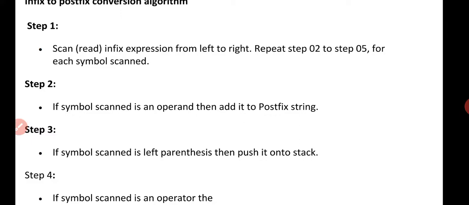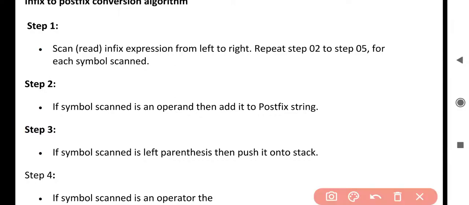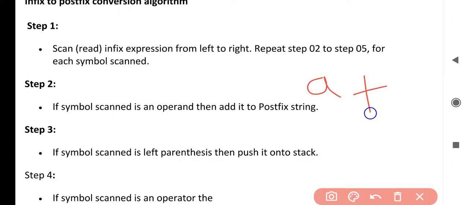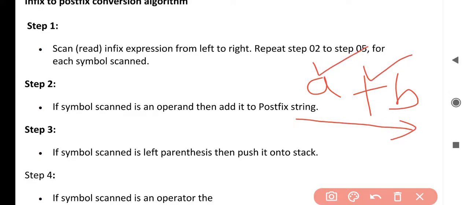That means we have to read the given infix expression from left to right, and then repeat steps 2 to 5 for each symbol. The symbol can be anything. It can be an operand A or it can be an operator plus. These are the symbols. Suppose you are given this infix expression, then you will read it from left to right. That means you will first read A, then plus, then B.